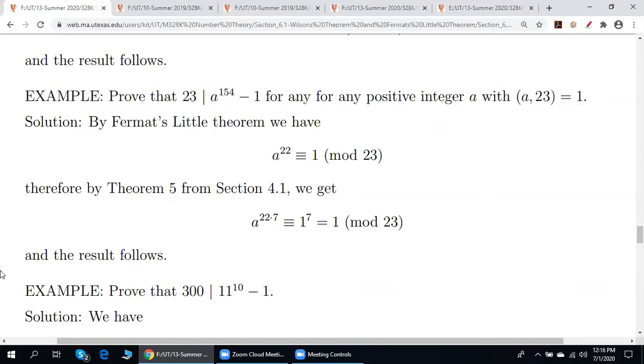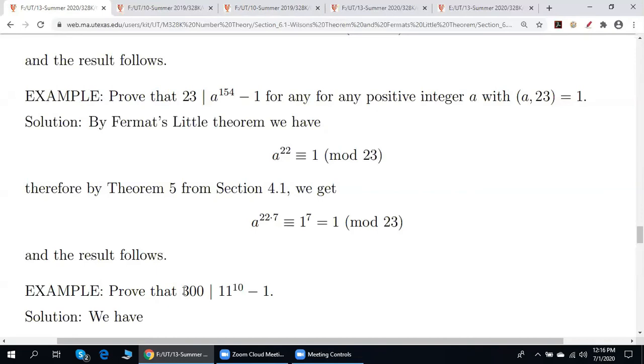Okay, excellent. We can prove that 3 divides this. How can we prove it? Using Fermat's little theorem. 3 is a prime number.